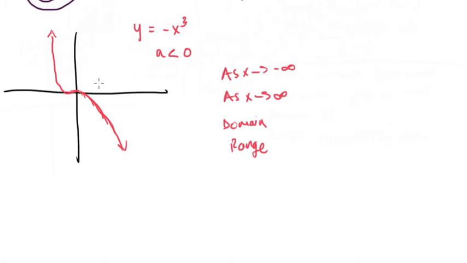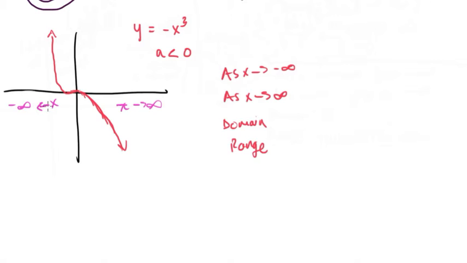Let's go ahead and look at something here. Let me write this out. This would be x approaching negative infinity. I'm sorry, positive infinity. This would be x approaching negative infinity.